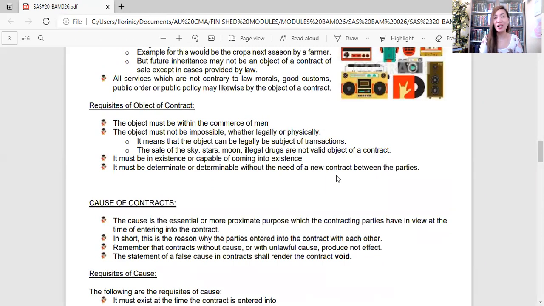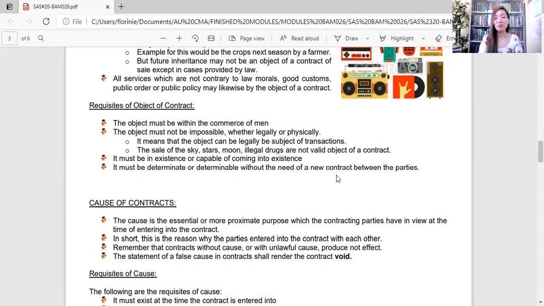Oo nga, kaya lang kapag nagkaroon ng problema sa bentahan, hindi ka naman pwedeng pumunta sa korte para sabihin na hindi niya ako binayaran, hindi niya dineliver yung illegal drugs na in-order ko. So, makukulong kayong dalawa. Kaya, isasama na siya sa legally impossible. Physically impossible, halimbawa, benta mo yung moon, benta mo yung star, benta mo yung ulap.